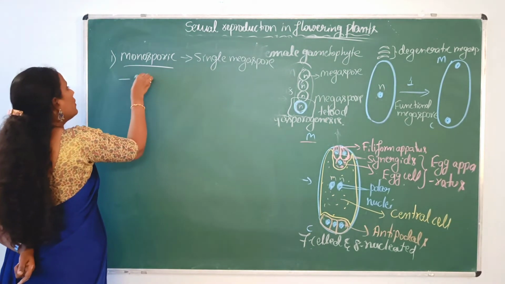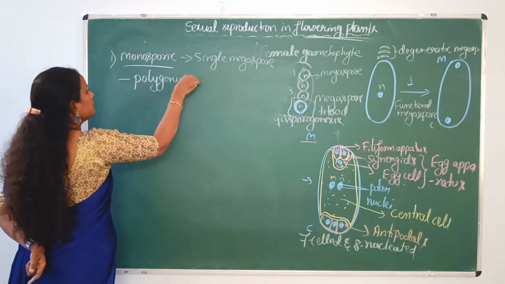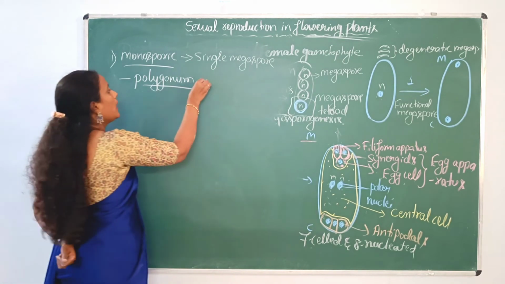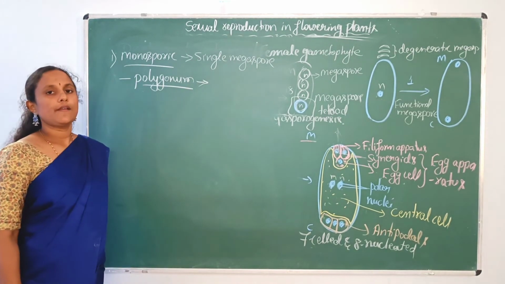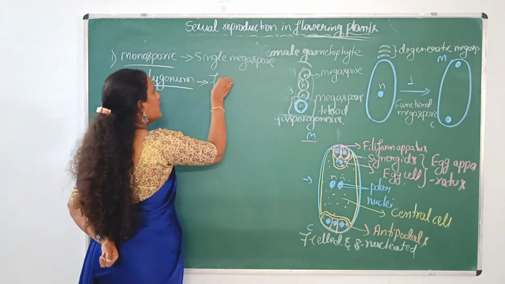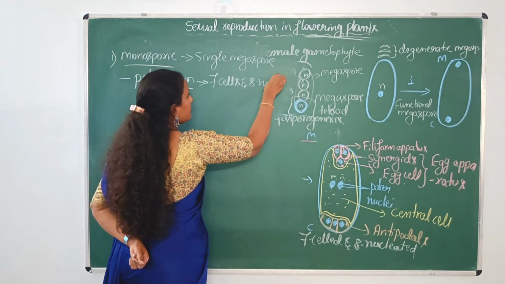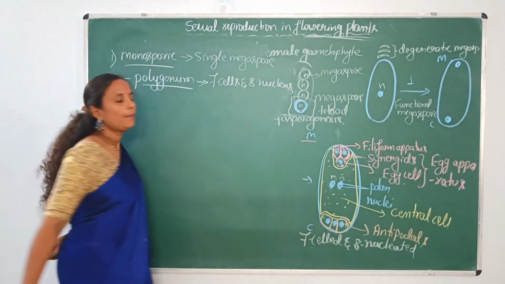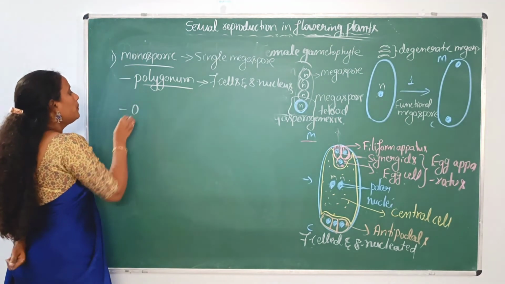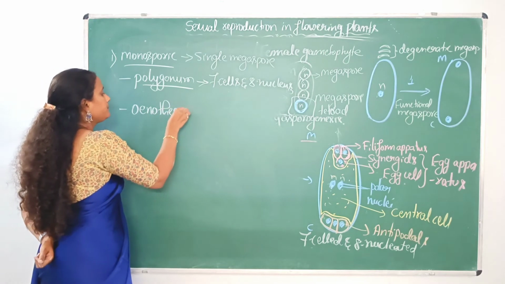One is monosporic Polygonum type. Monosporic Polygonum type means the embryo sac developed from a single megaspore having 7 cells and 8 nuclei. And the second one is monosporic Oenothera type.